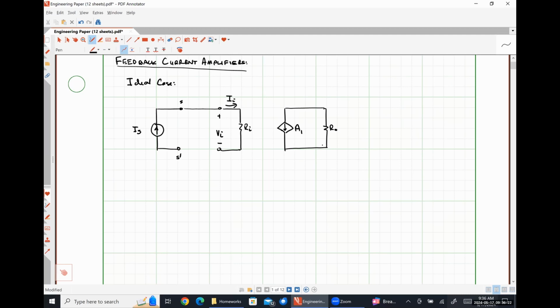Think of this as nothing more than a source transformation on the practical voltage source representation that we had when we had a voltage amplifier, because that's exactly what it is. These are the output terminals of my open loop amplifier stage. Here's terminal O and O prime.